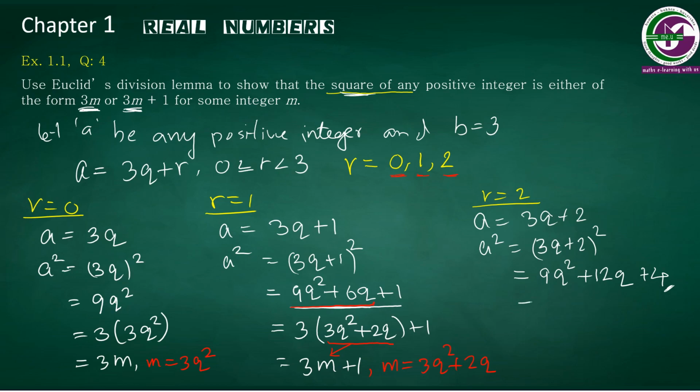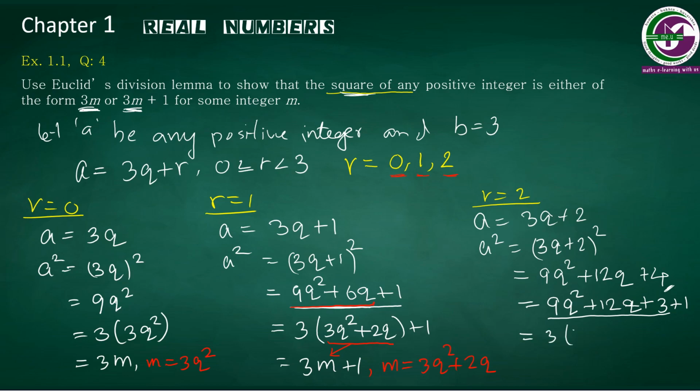So what we'll do is simplify this further into 9q square plus 12q plus 3 plus 1. And from the first 3 terms, we'll take 3 common.